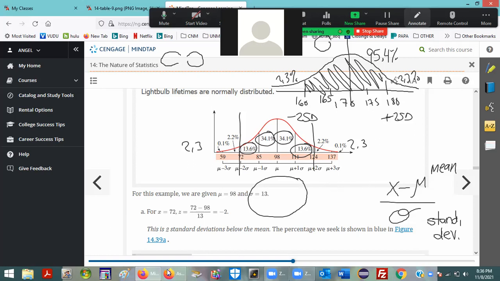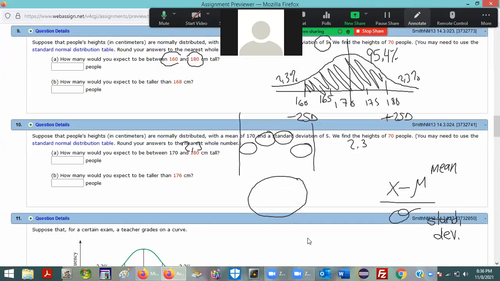Let's go back to the problem. So we found the area between those two. We found the percentage to be 95.4. In decimal form, that's 0.954.